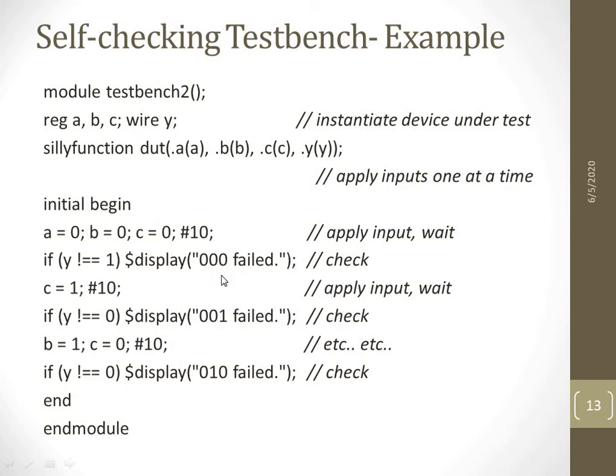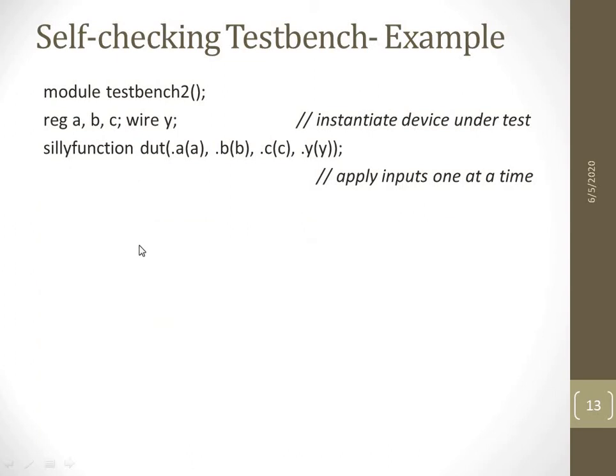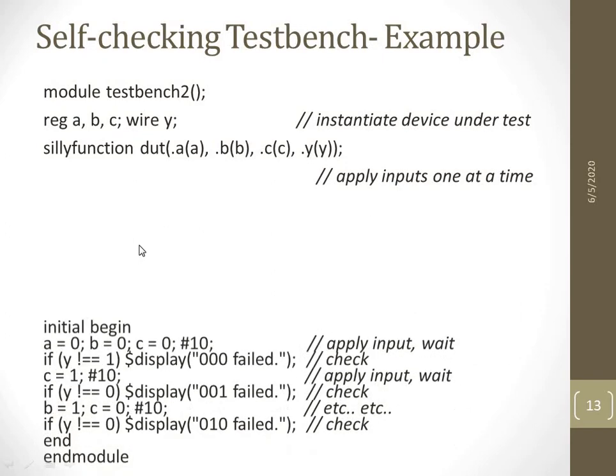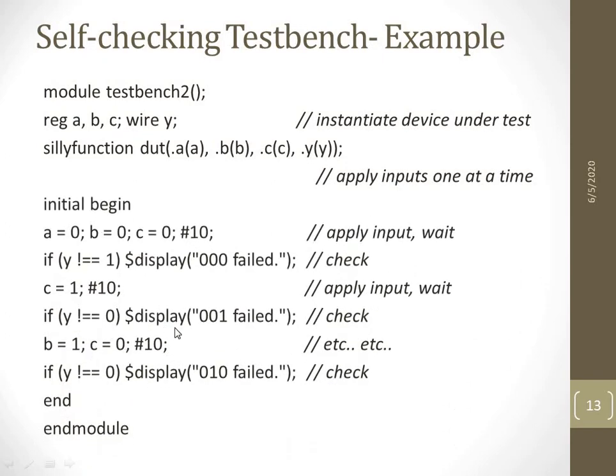Any message which I want to display can be written within the double quotes, and $display will display that message. Similarly, when C is 1, asking it to wait for 10 nanoseconds, if Y is not equal to 0, $display 001 failed.